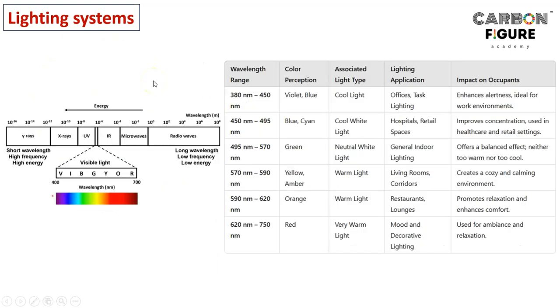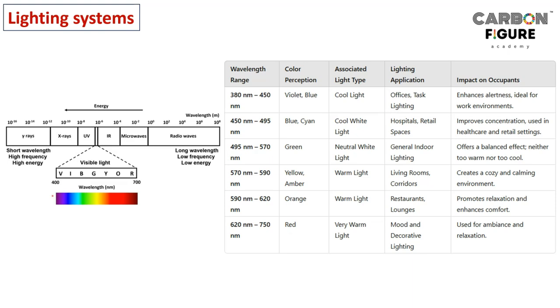In the case of lighting systems, we will have the core physics in the picture, right? We should understand what the different wavelength-based lights available are and how they are mentioned technically.